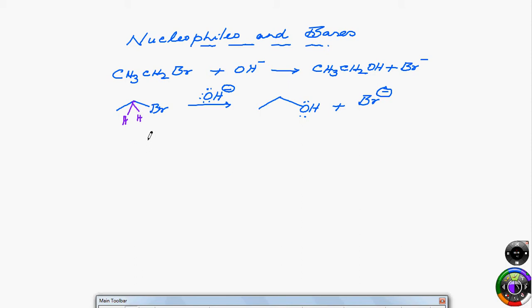And OH minus donates a pair of electrons to the carbon here. The reason being that this carbon carries a partial positive charge, bromine carries a partial negative charge due to difference in their electronegativities. Thus OH is making a new bond with carbon here.